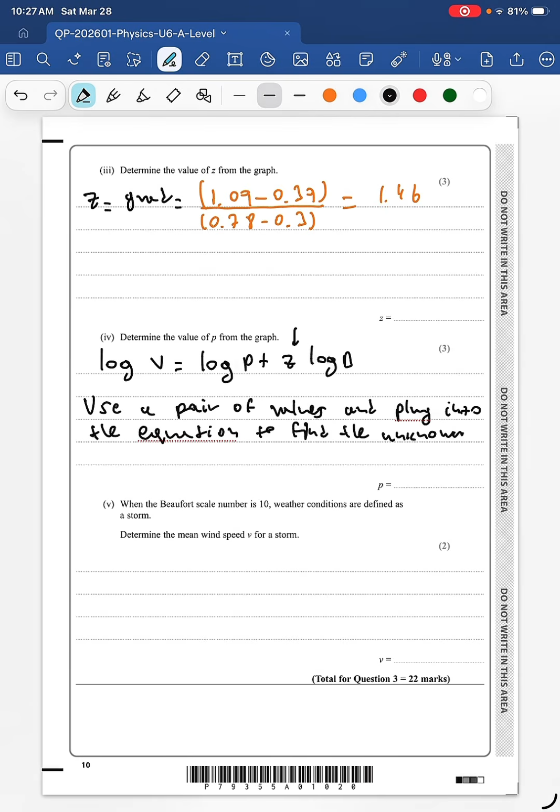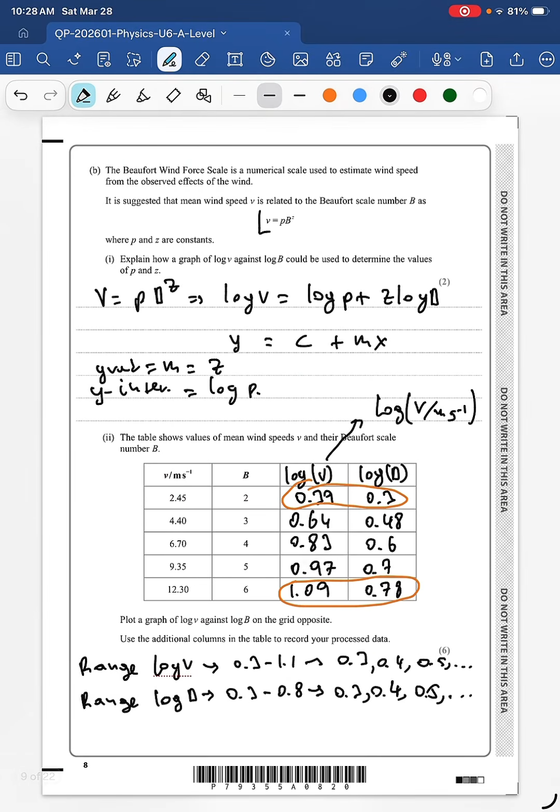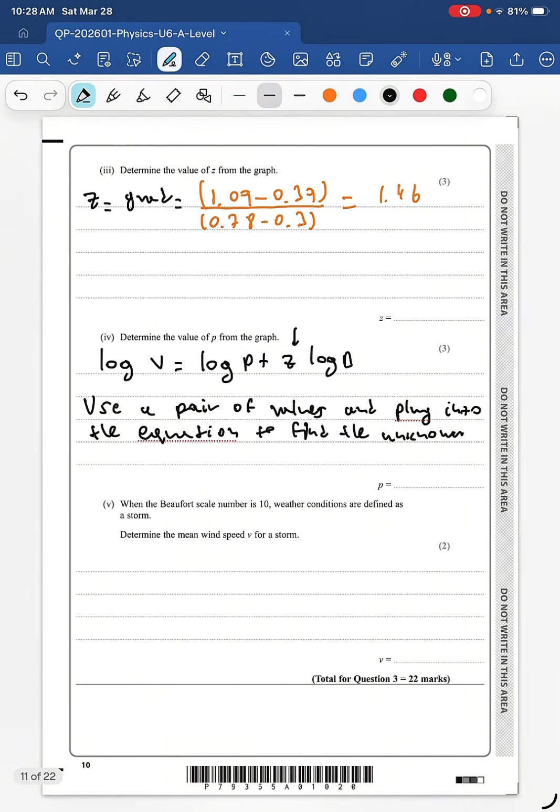We will move on. When the Beaufort scale number is 10, weather conditions are defined as a storm. Determine the mean wind speed v for a storm. Now we will use the equation itself. Since v is p times b to the z, if we plug in the numbers for p and z that we found, and the b they give us, we can calculate the wind speed.